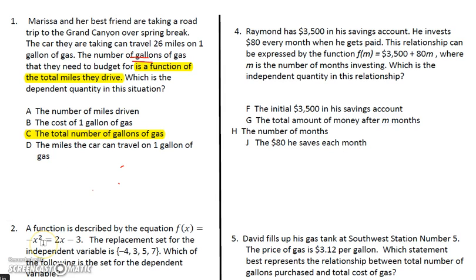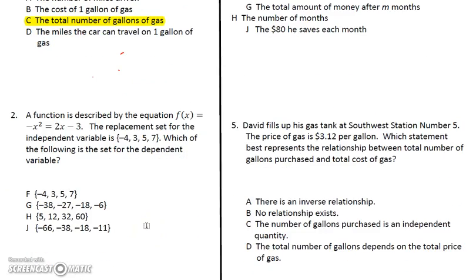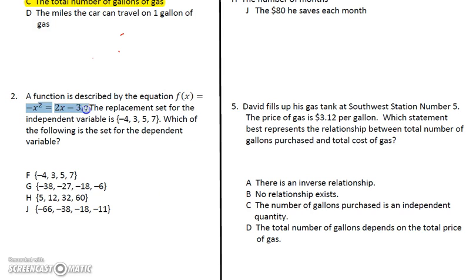Now, when I look at the second problem, I notice that they are giving me a function described by this equation, and the replacement set for the independent variable is this. So what does that mean, replacement? That I'm going to change the value for X for every single one that I have in here.